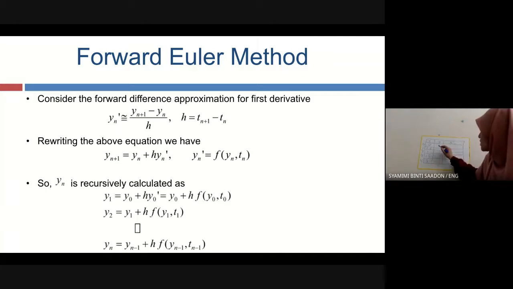So y0 just now is 1, y0 prime is negative 1.1. So y1 is 0.45, y1 prime is negative 0.3825.